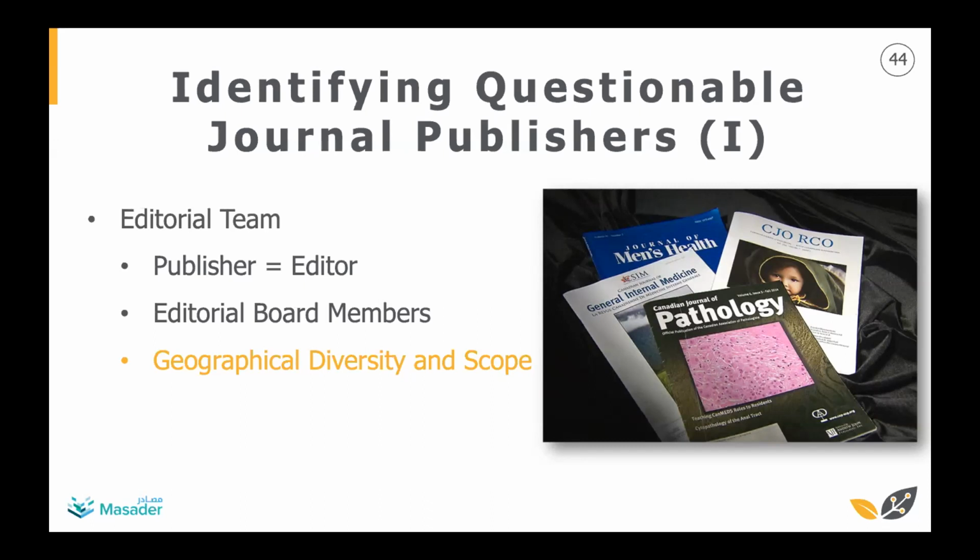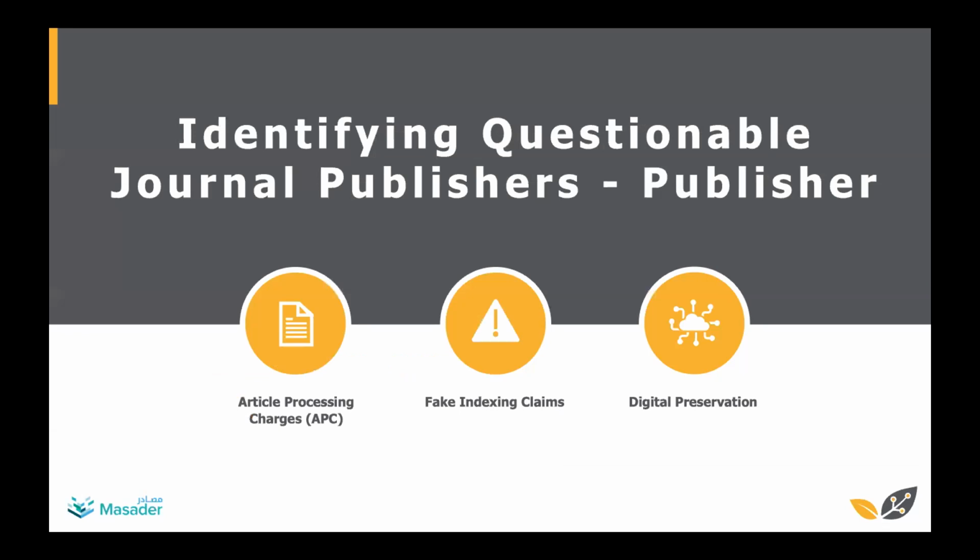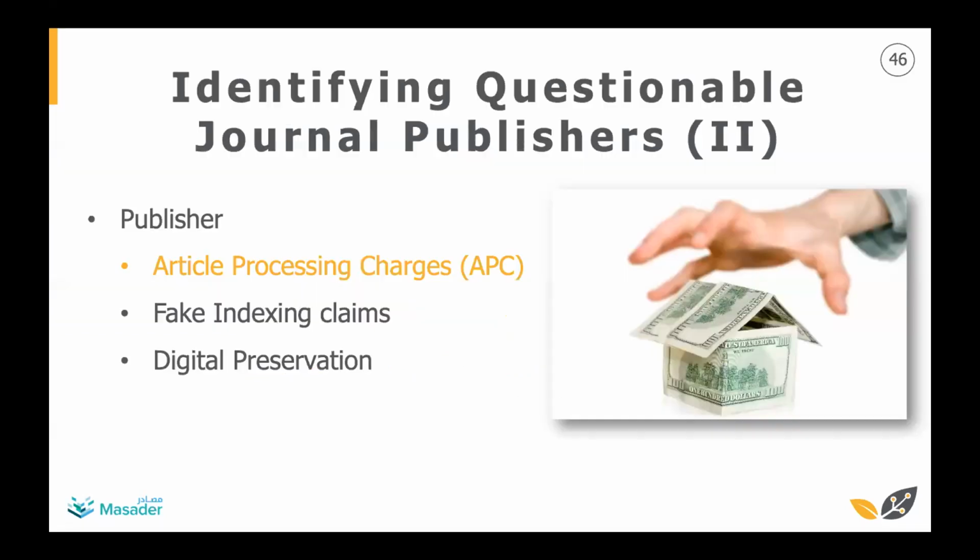The second aspect that can help you in identifying and recognizing a predatory publisher is publisher practices, and this is a very important aspect in recognizing them. The first point that we have is the article processing charges, or what we call APCs. The majority or almost all of the predatory journals will always seek to collect as many APCs as they can.